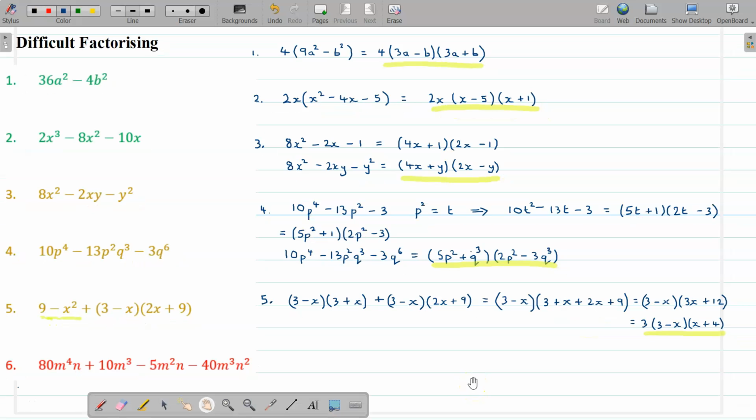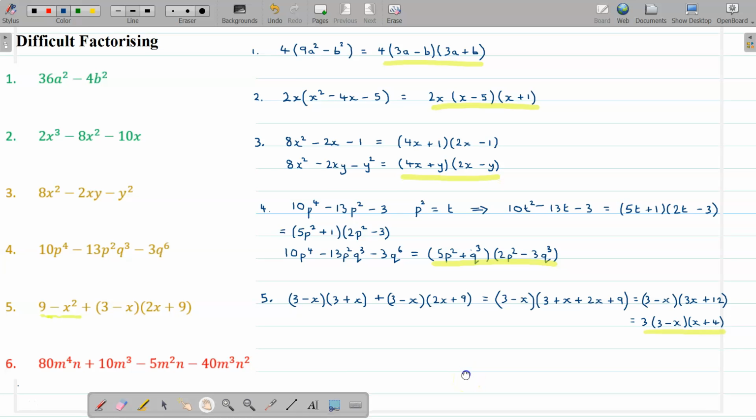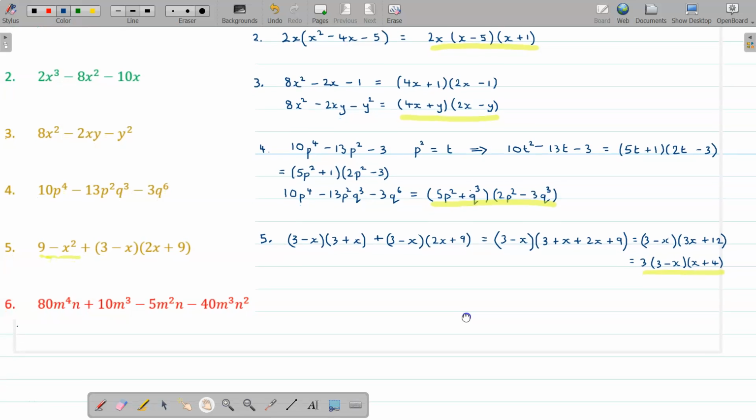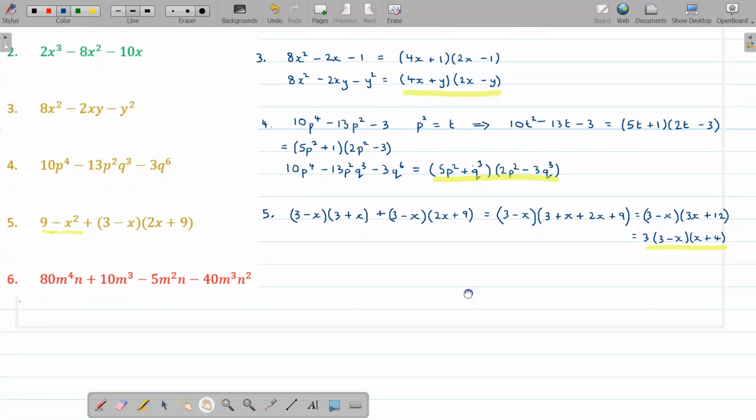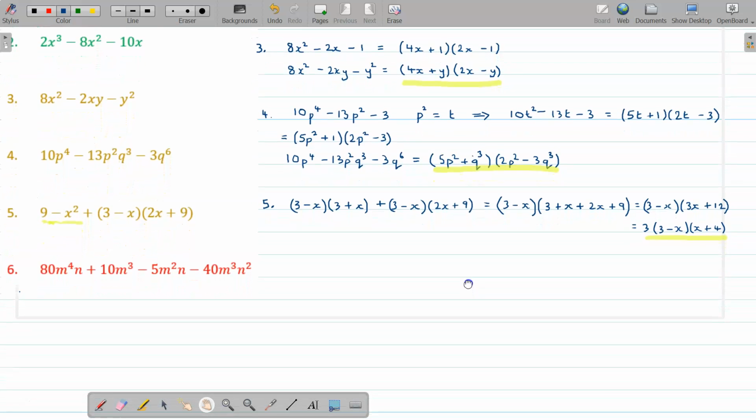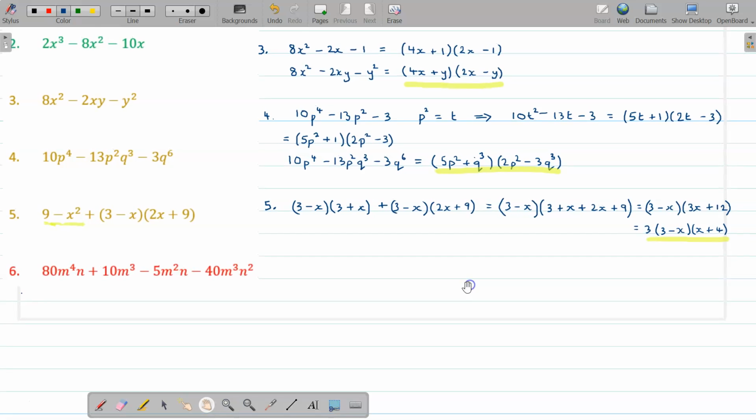Question 6. Now this one is quite a difficult question. So what I'm going to do is just make a bit more space by scrolling that up to there. So let's have a look at how we're going to approach this one. We can actually make a substitution for n to be the number 1 again, and that does simplify the problem a little bit for us.